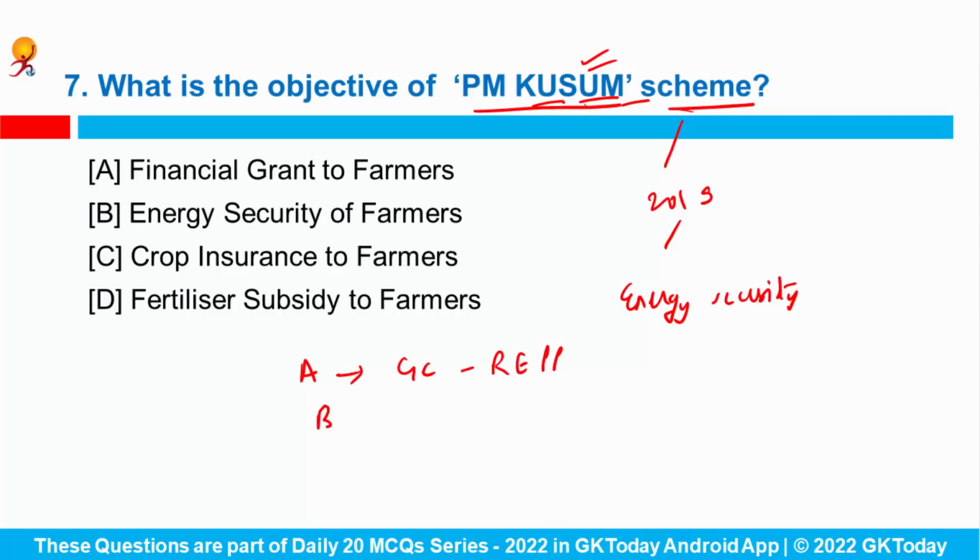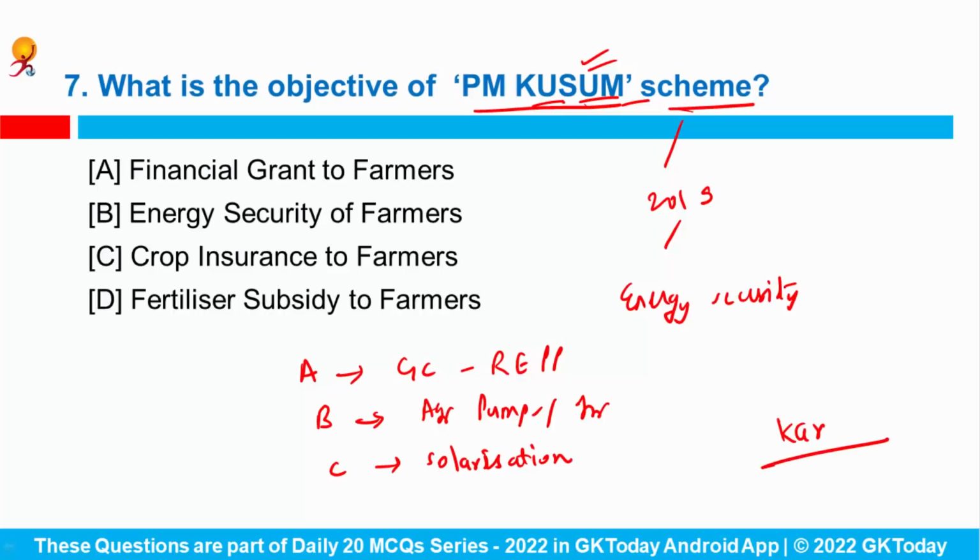Then component B includes installation of agricultural pumps, irrigation system, and component C includes solarization of these pumps. So recently what happened is the Karnataka cabinet has approved the implementation of Pradhan Mantri Kusum B scheme. Fine. So correct answer would be energy security to farmers.